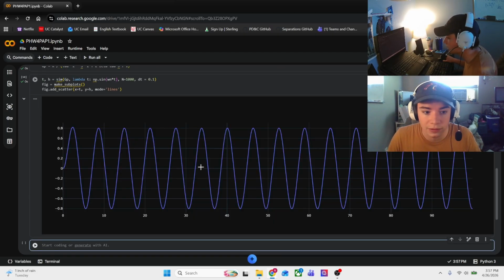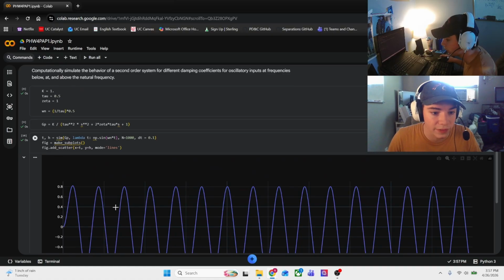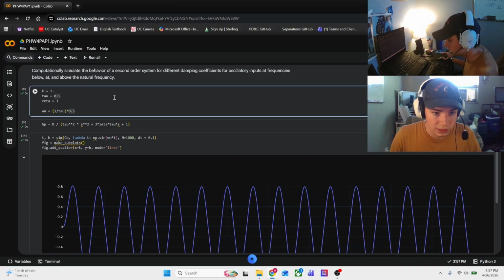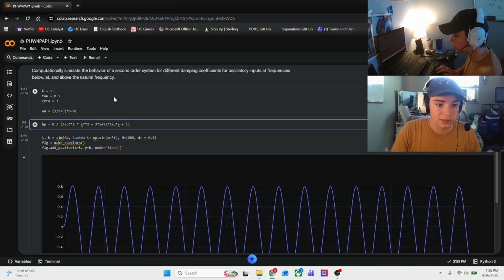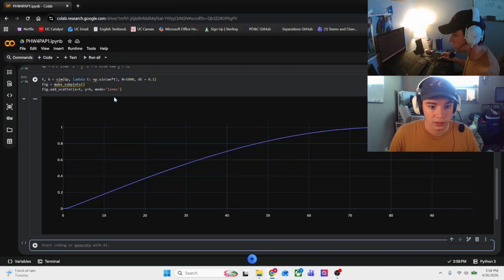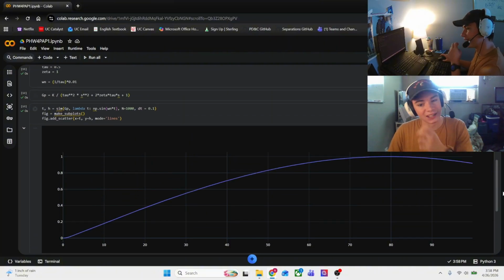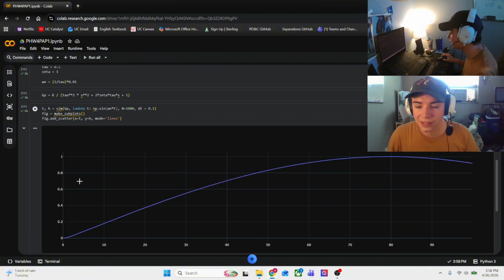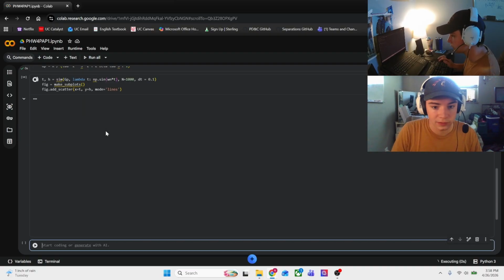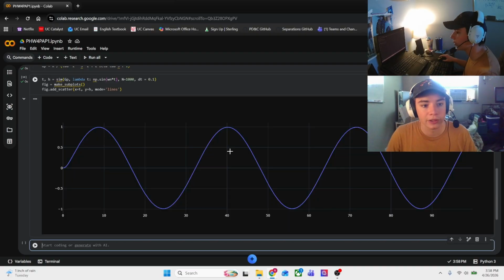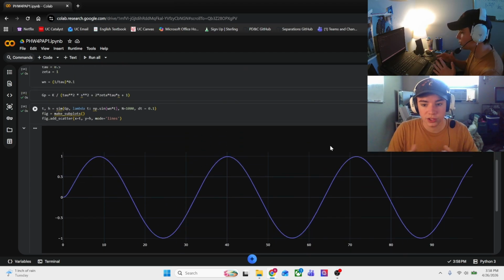As you can see, it starts to widen out, and the amplitude starts to increase a little bit. So let's say 0.01. See what happens. Then I think I've gone a little too far here because now we're not even seeing the oscillations at all. So let's say 0.1. Here we go. As you can see, we're getting much wider here.